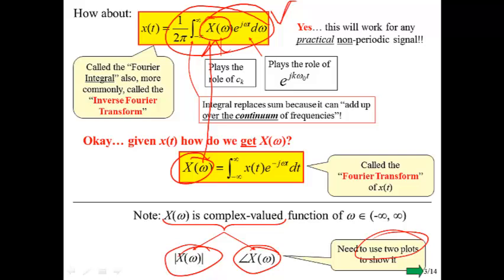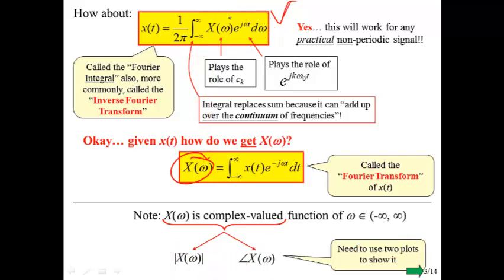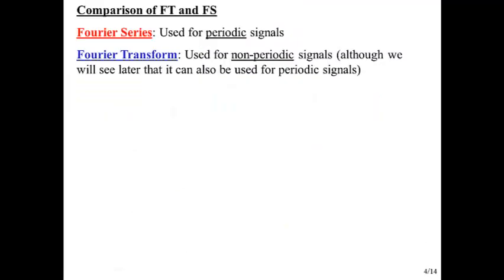So that's just like the double-sided spectrum that we saw for the c sub k. We had an amplitude or magnitude spectrum versus omega, and a phase spectrum versus omega. And notice that since we are going from minus infinity to infinity for omega, this will be a double-sided spectrum, just like before.